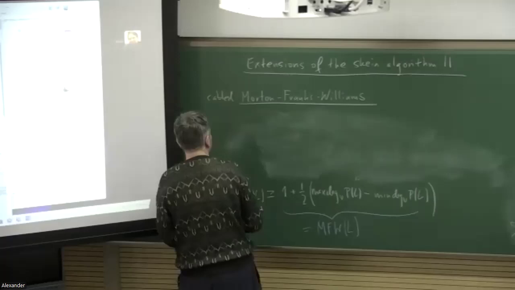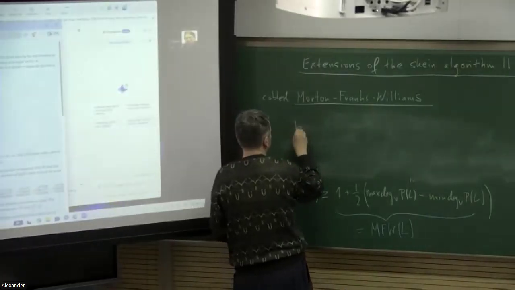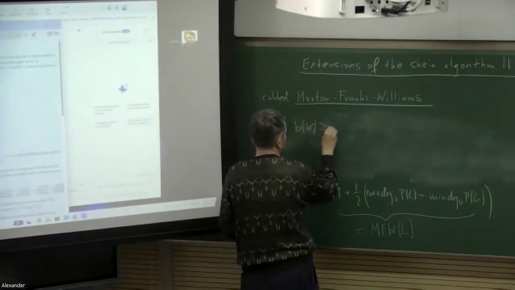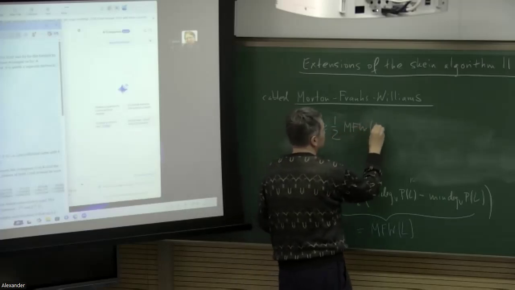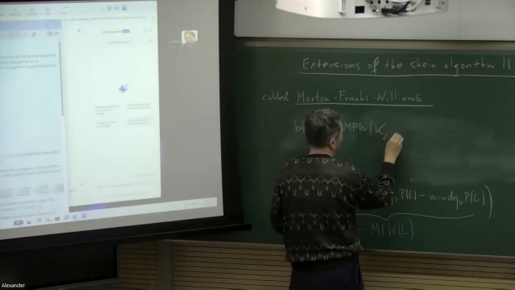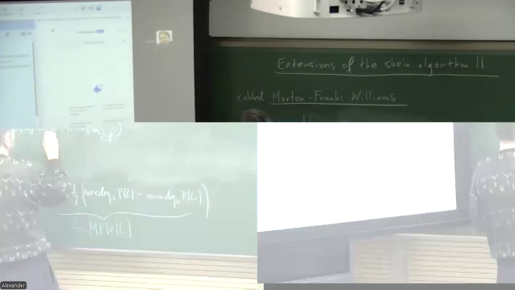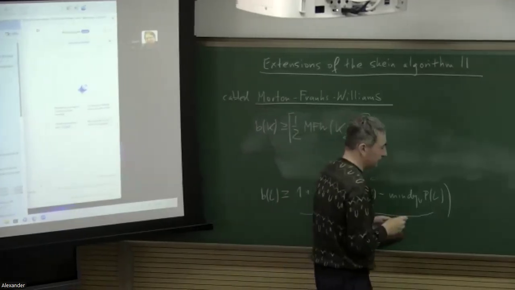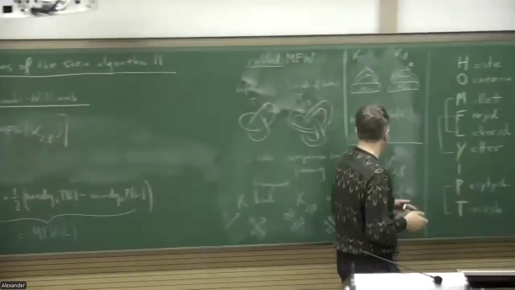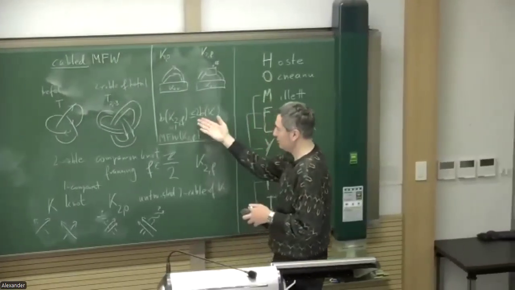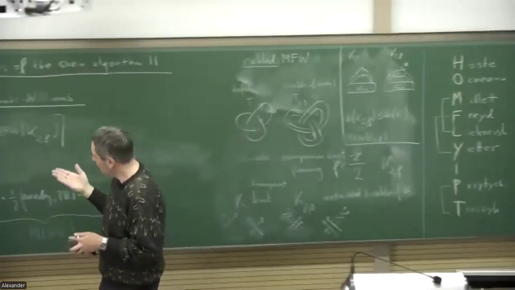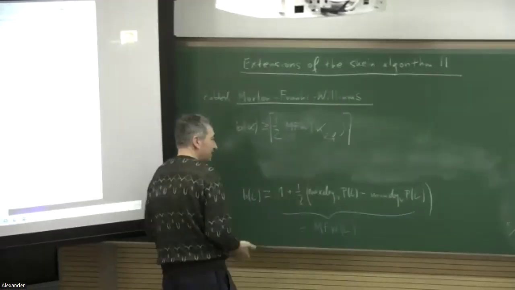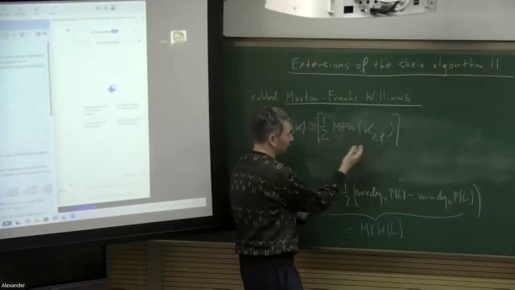So let's say the braid index of K is bigger or equal to 1/2 the Morton-Franks-Williams bound of K to F, and then since the braid index is an integer, you can round it up. So this is what you get from here. You just divide by 2 and then you round it up. So you get another bound for the braid index by using the polynomial of the 2 cables.